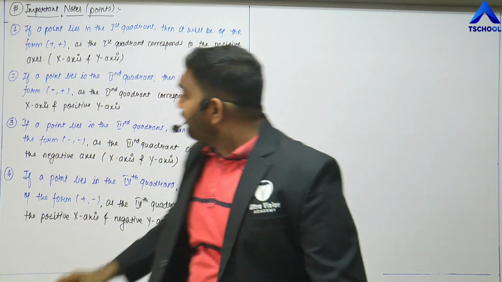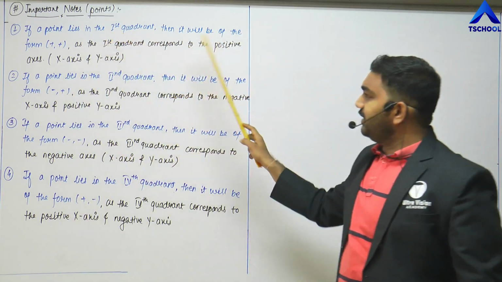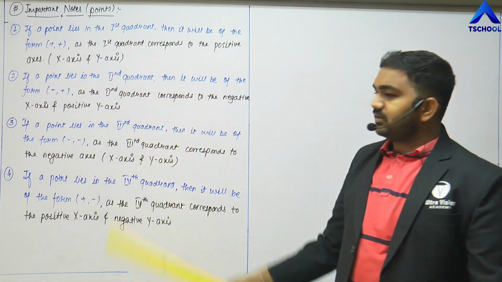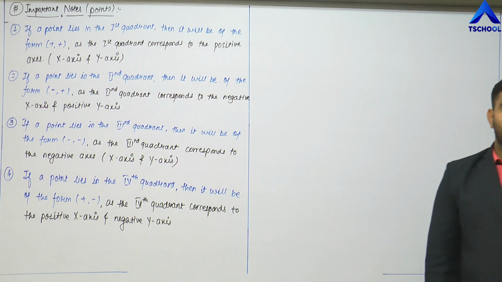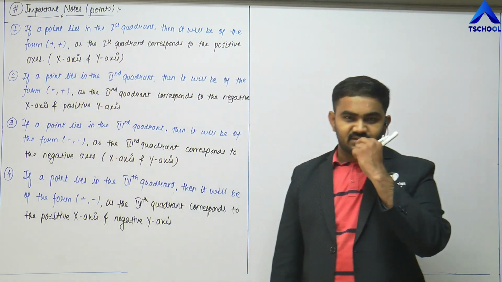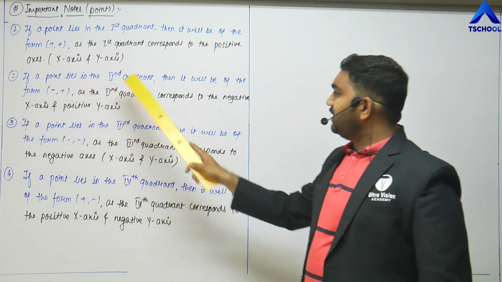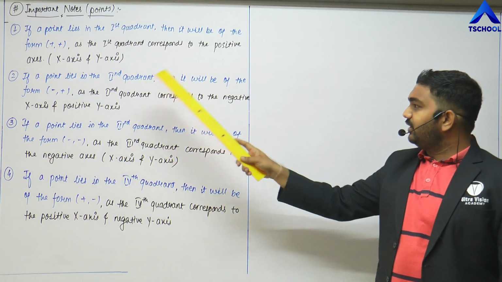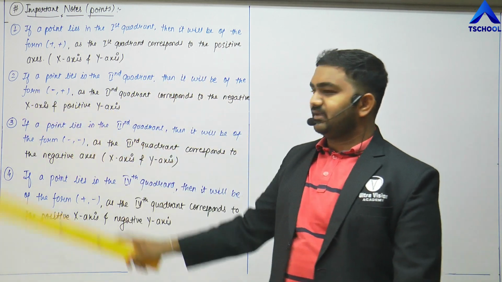quadrant, friends, then it will be of the form plus plus, as the first quadrant corresponds to the positive axes. Positive axes, that means positive x-axis and positive y-axis, right? Similarly, if a point is lying in the second quadrant, then it will be of the form minus plus.